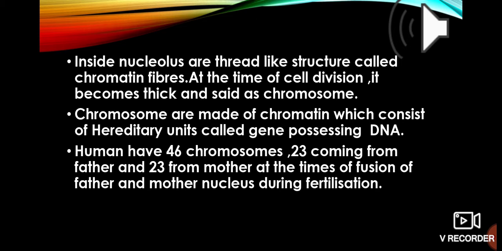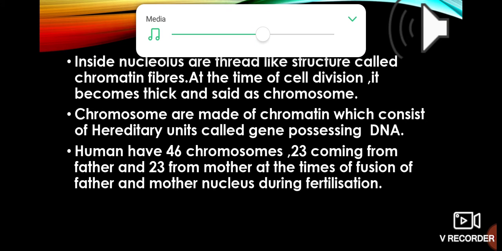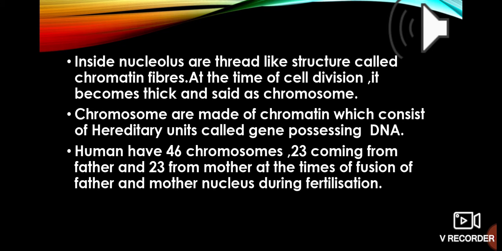Humans consist of 46 chromosomes. 23 come from the mother cell and 23 from the father cell, and altogether it becomes 46 in the child during the process of fertilization.